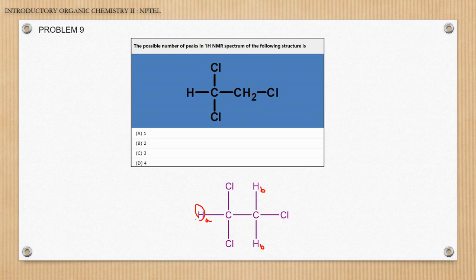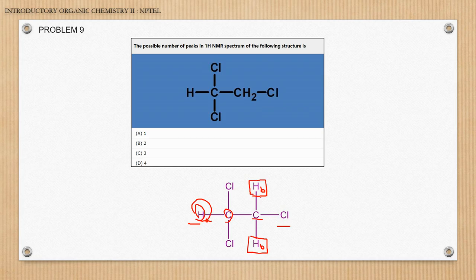See what will happen here. The hydrogen that is connected to these two chlorine atoms will show a very different chemical shift value. And coming to this particular carbon, these two protons have the same environment, because as you can see, this proton is connected to a carbon bearing one chlorine, and adjacently the other is similar. Each is attached to a carbon connected to a chlorine and to another carbon containing chlorine and hydrogens.